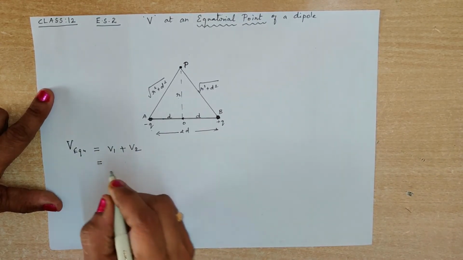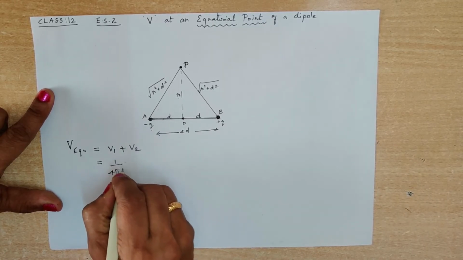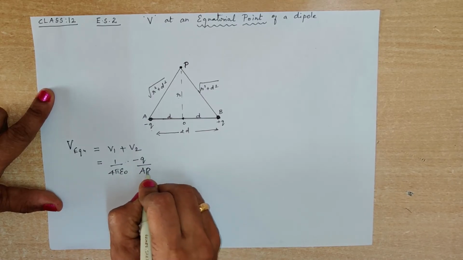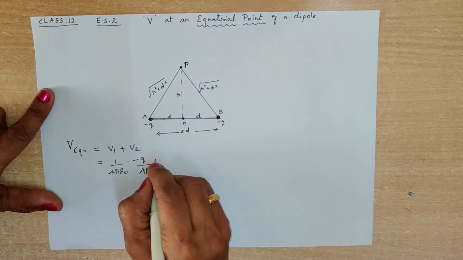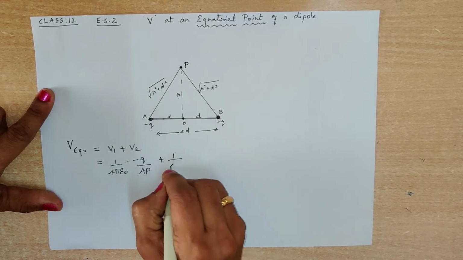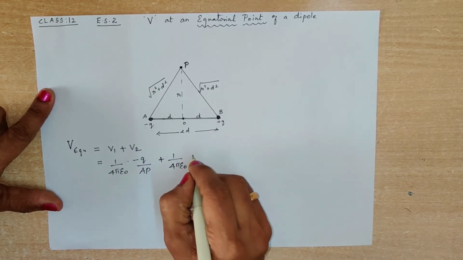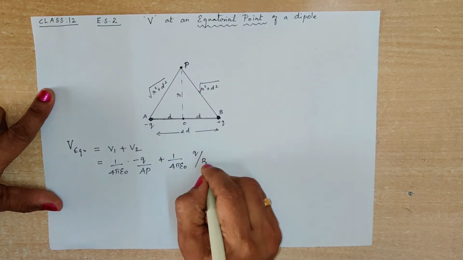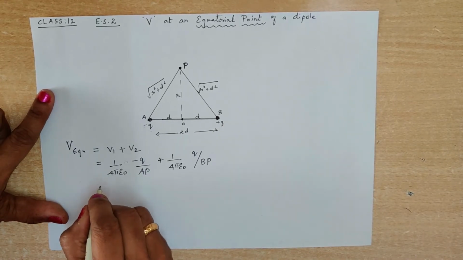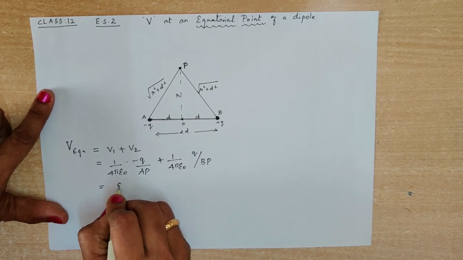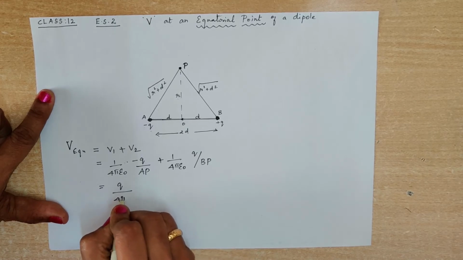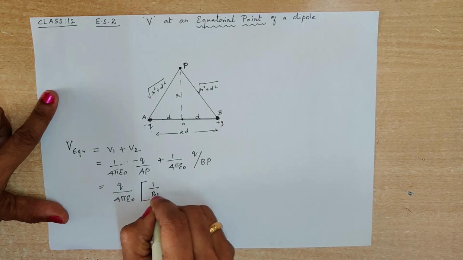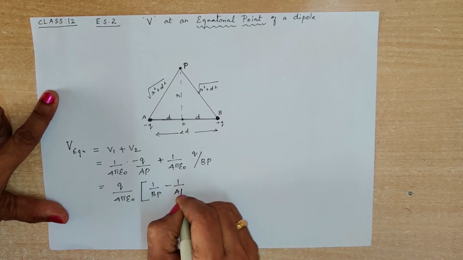Here also we can write 1 by 4 pi epsilon naught, minus q upon AP, the distance with respect to the reference point. And due to the second charge, that is the positive charge, q upon the distance BP. I can take the common terms, since AP and BP are equal: 1 by BP minus 1 by AP.